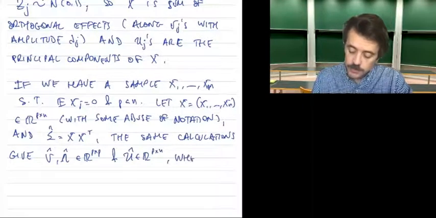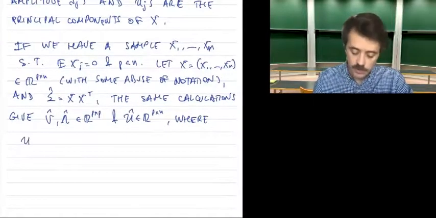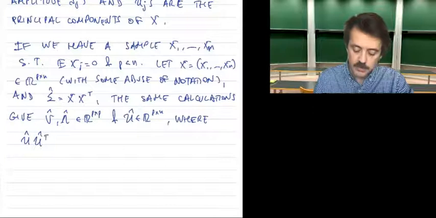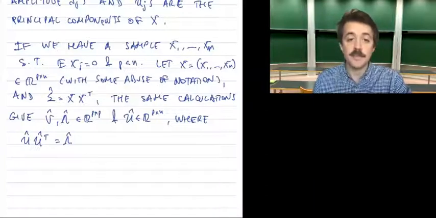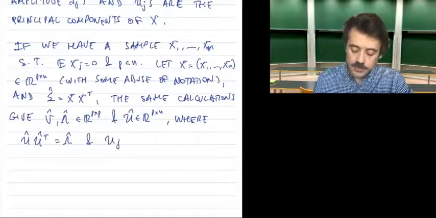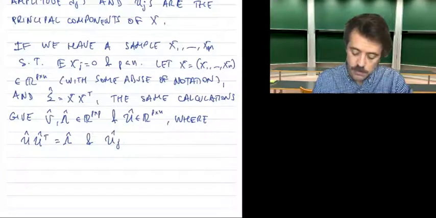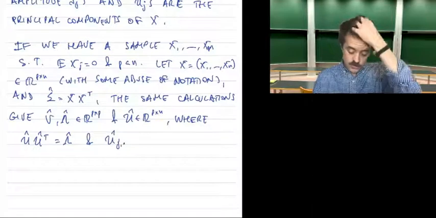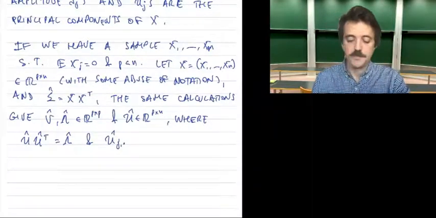And just as before, we get that u hat transpose should be equal to the hat capital lambda. And the u_j dot, just for clarity, is simply the jth row.